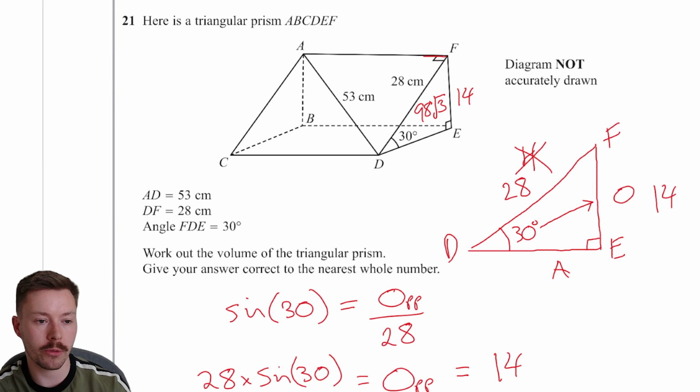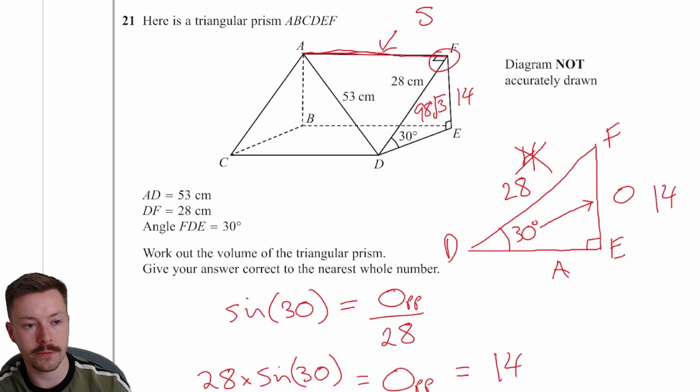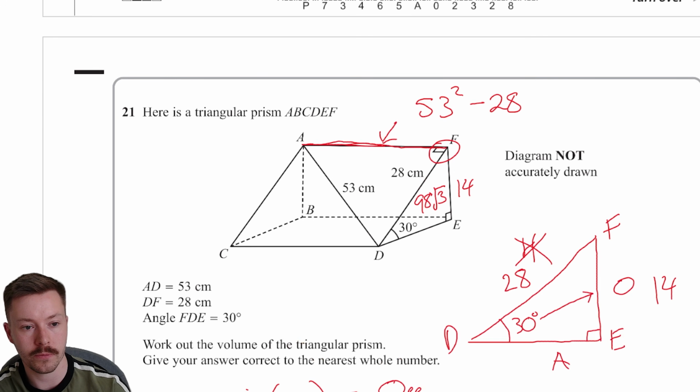I need to work out this length here, A to F. Okay, now I've got this right angle in this corner, which is really going to help me here, because all I need to do to get this side is do Pythagoras, because I've got the hypotenuse being 53. So I'm going to do 53 squared minus 28 squared, and I'm going to square root it.